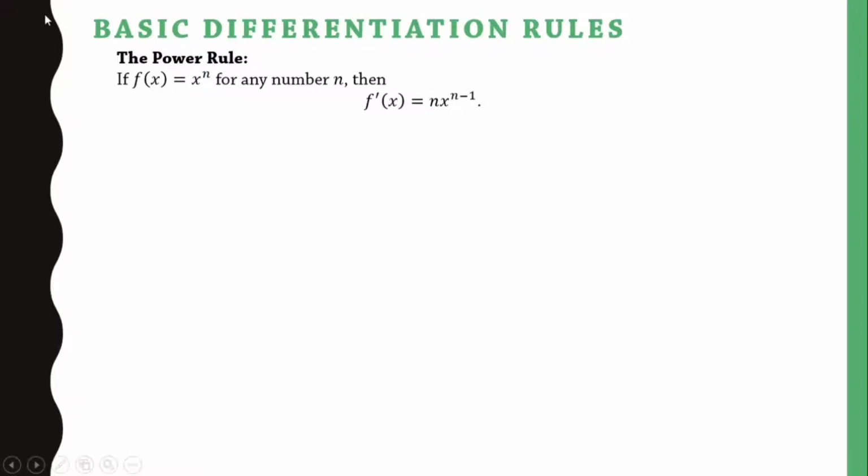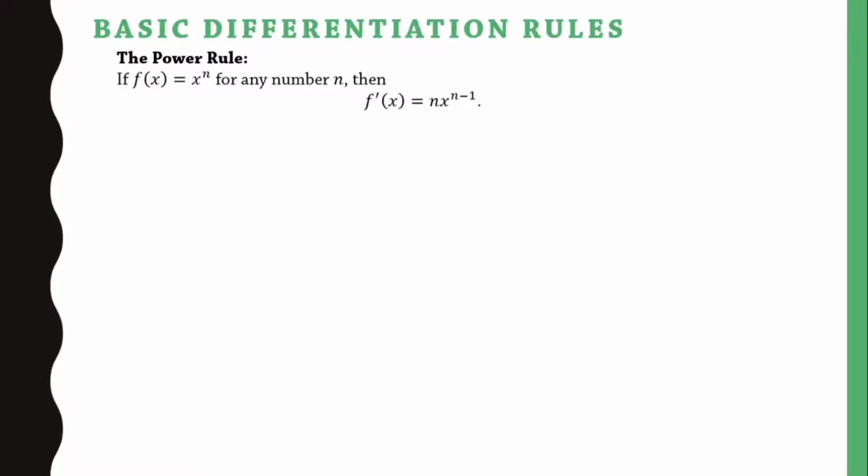So, the power rule states that if f of x equals x raised to n for any number n, and n here is our exponent, then f prime of x, or the derivative of our f of x, is equal to n x raised to n minus 1.